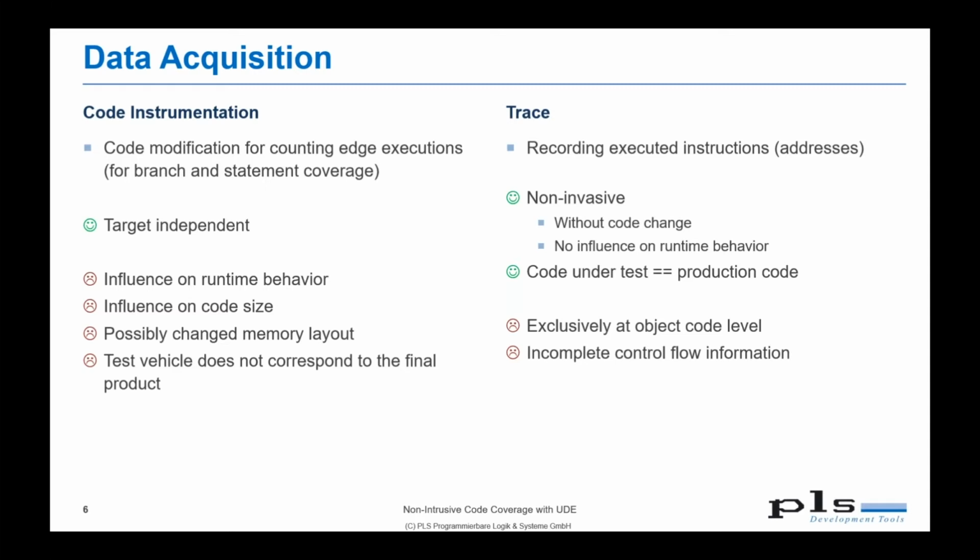But the real drawback here is that in some specific cases and with highly optimized code, you miss some information about the control flow inside the code, which is in fact needed by the debug and trace tool to calculate a correct code coverage.